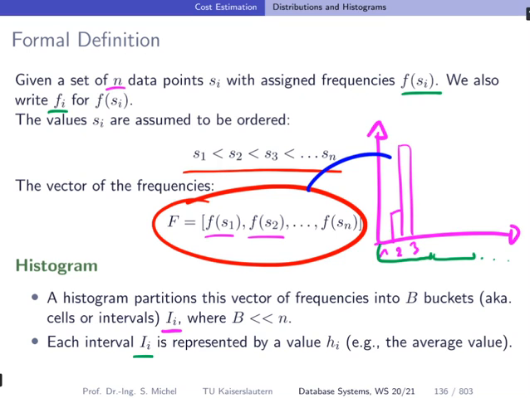Each of the intervals I is represented by its height, which is like the height of the cell of this histogram, if you're talking about these buckets. The height hi can be the absolute frequency or the average value, so the average frequency, when we take the absolute frequency and divide it by the width of the bucket.